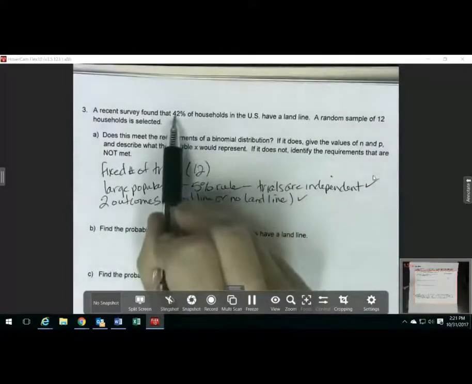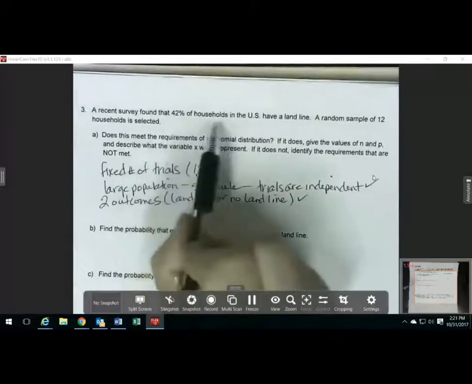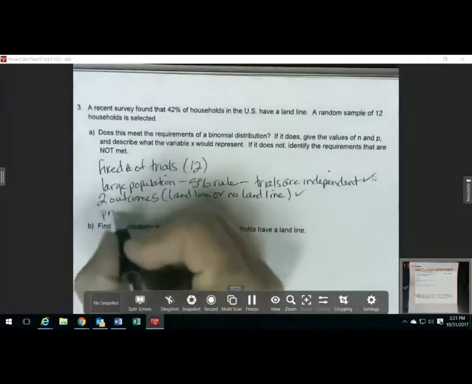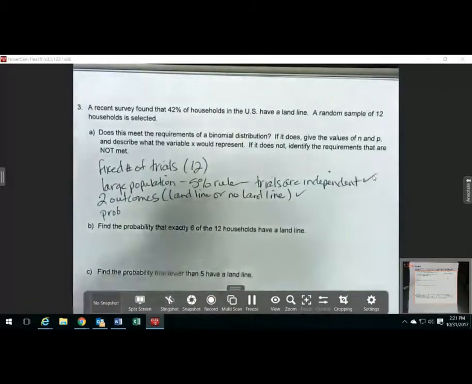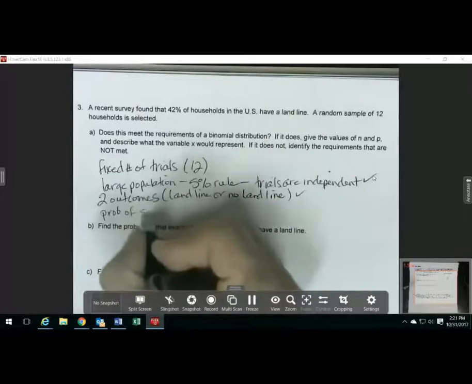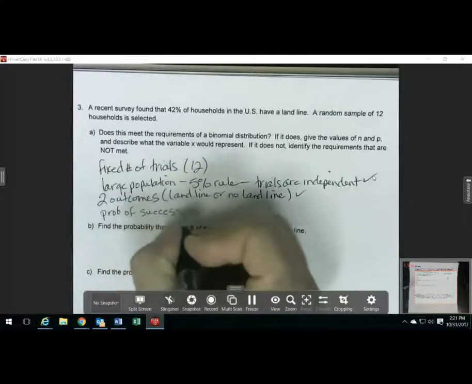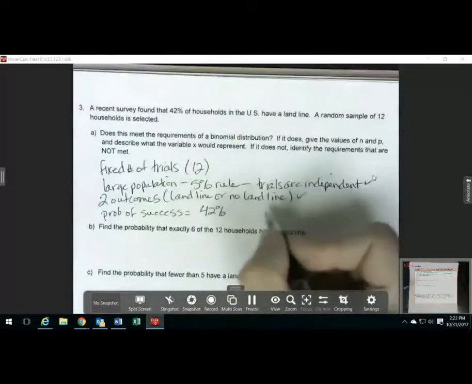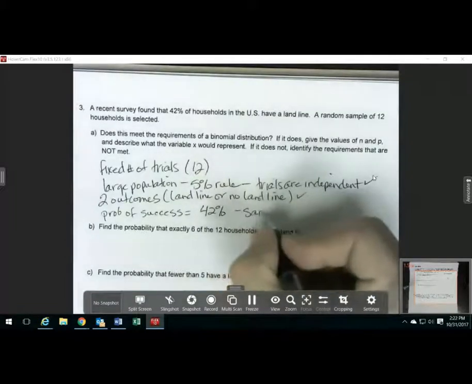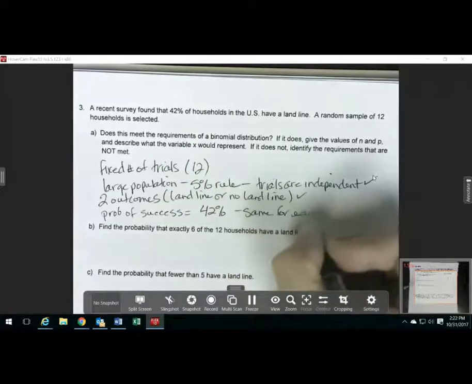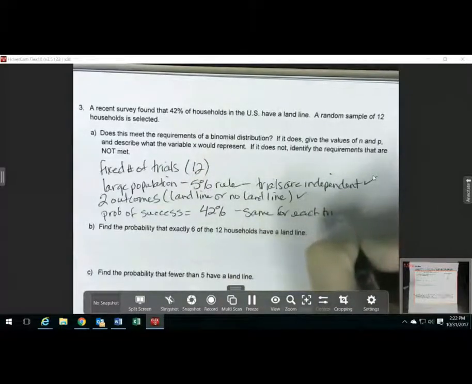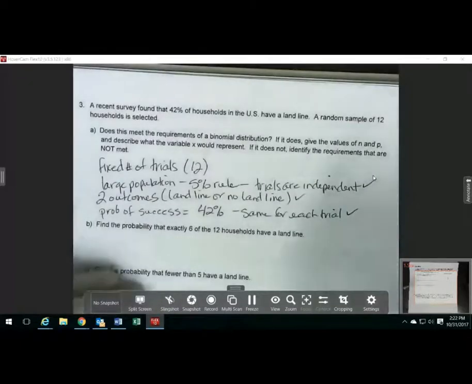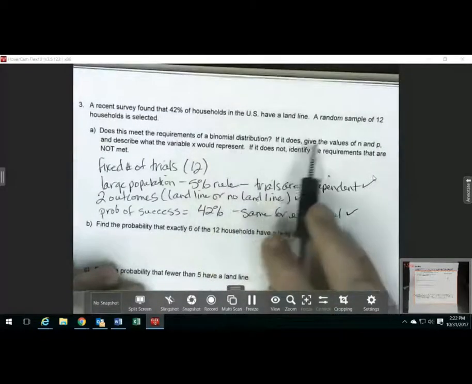So for this, if 42% of households do have a landline, our probability of success each time we select one household would be 42%. So it's the same for each one. So that requirement is met also. Yes, it does meet the requirements.